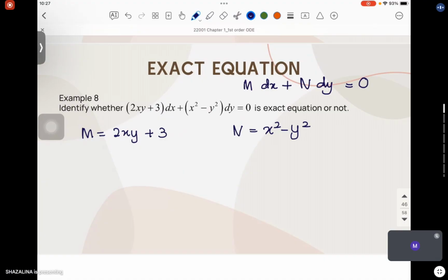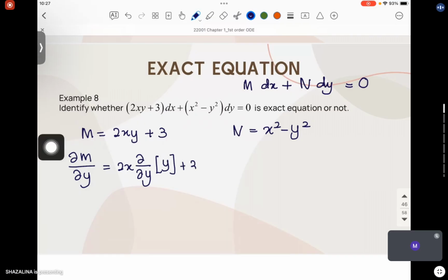Okay, to prove that this is exact equation, we need to differentiate M with respect to y. When with respect to y, your x is a constant. So in this case, 2xy, we have two constants, 2 and x. So 2 and x, differentiate with respect to y. Differentiate apa? Differentiate y. Plus, okay, 3 is a constant.